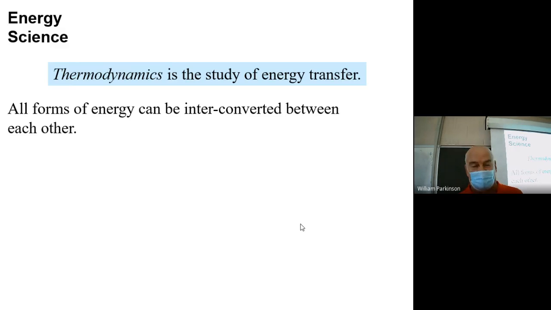That's how the sun works. It changes hydrogen into helium, putting hydrogen atoms together to make a helium nucleus. So there's an incredible amount of energy released in the sun, and this is the result of gravity being changed into nuclear potential energy.